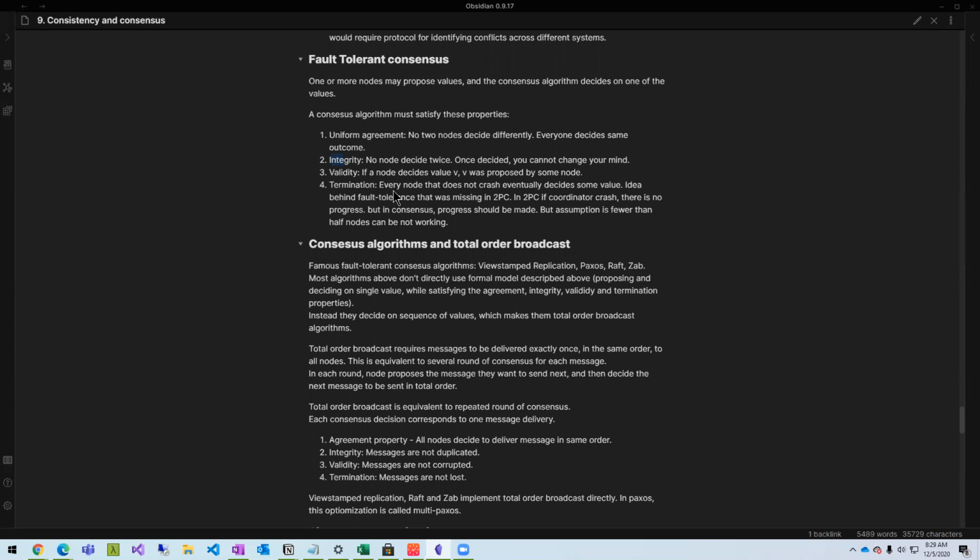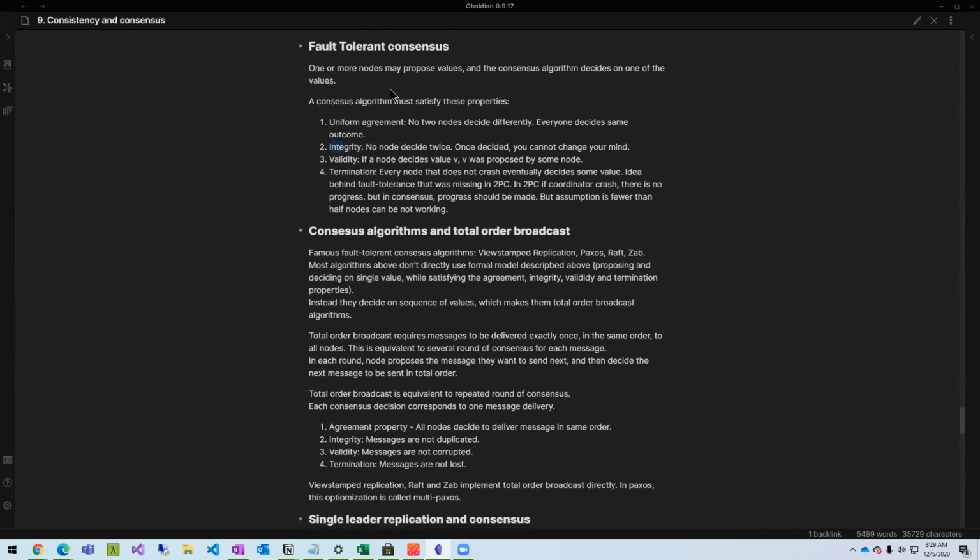In two-phase commit, we remember that your transaction gets completed, so you are able to make a final decision only when every one of them agrees, right? If everyone says yes in the prepare stage, then only you are able to make the decision. But in fault tolerant consensus, you need only a majority of nodes, right? So these are the four properties of consensus.